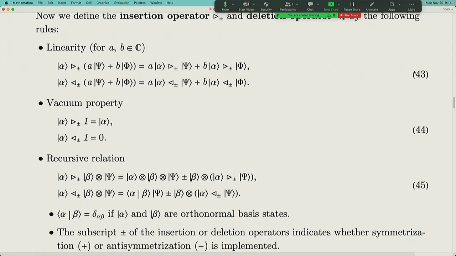So you can define this by saying that if you want to insert alpha to beta, what you need to do is first put it in front, and then put it in front of beta or behind beta. Because in front or behind beta requires you to exchange alpha through beta, there's a relative minus sign between these two terms. So that's the way to define the insertion.